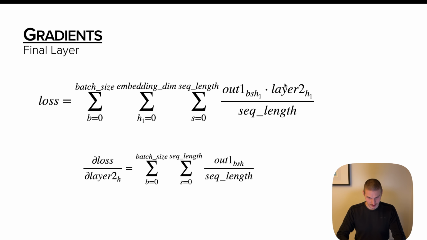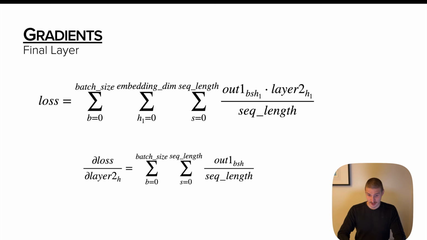So we multiply the layer with the input and we iterate over this hidden dimension h1. Then I perform the pooling by just taking the mean over sequence dimension. So I get a sum over all the values of s and I divide by this sequence length. And finally, to compute the loss, I just perform the sum over the batch dimension.